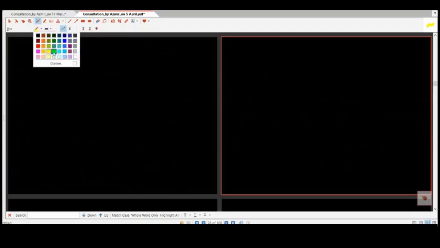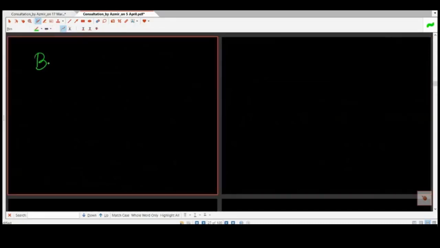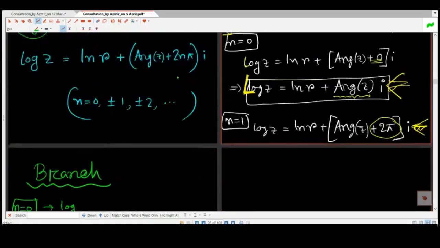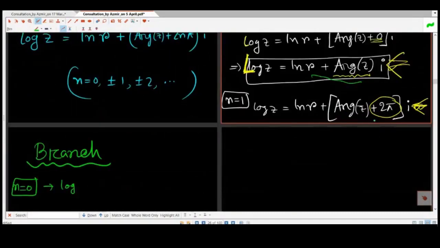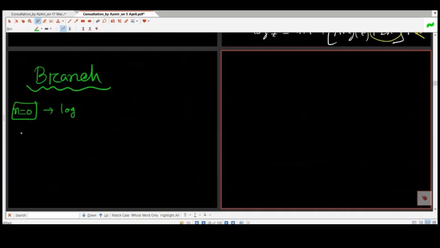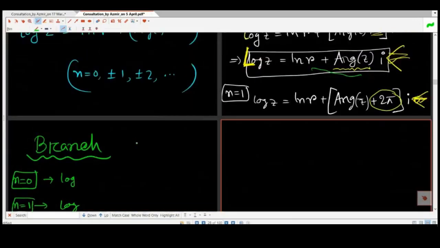So this time I am going to define branch. For n equals 0, we have found this result. For n equals 1, we have found another result, this one.